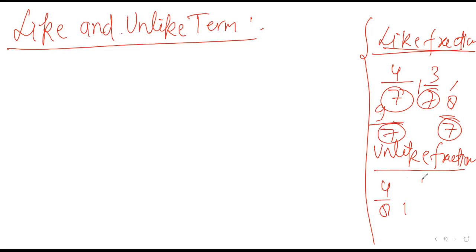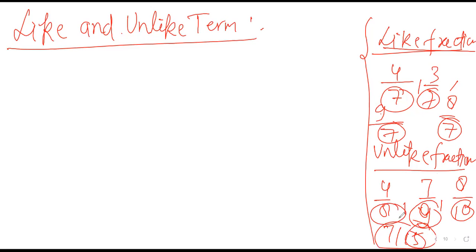But if the things are written in this way, 8/10, 7/15, the denominators are not the same. So we will call these fractions unlike fractions. Similarly, here in the algebraic expression, the terms are like and unlike. Let us divide these things into like and unlike.